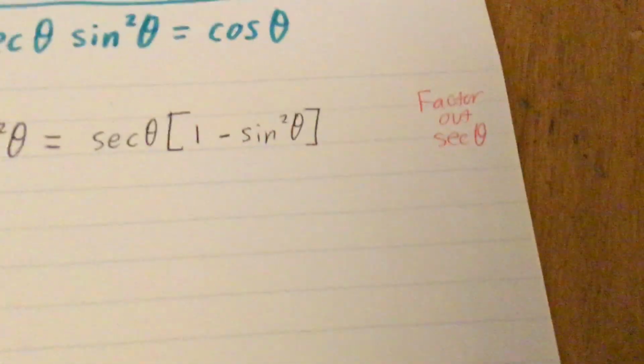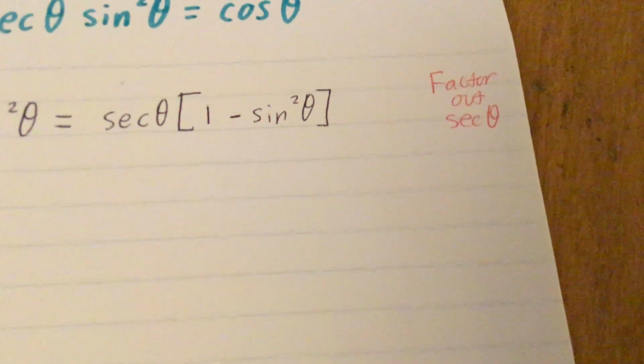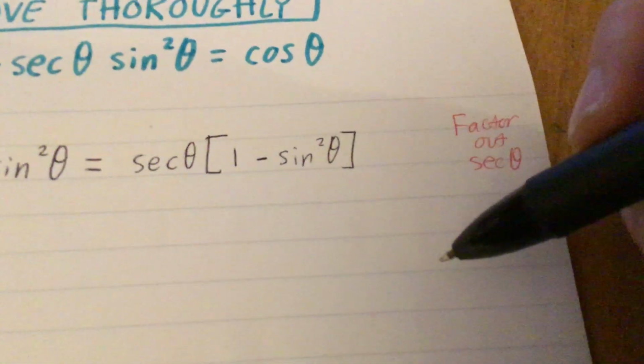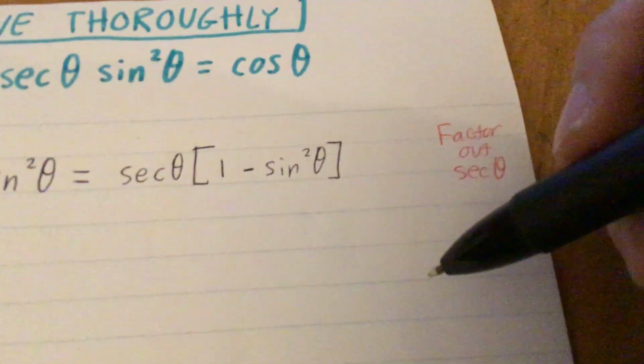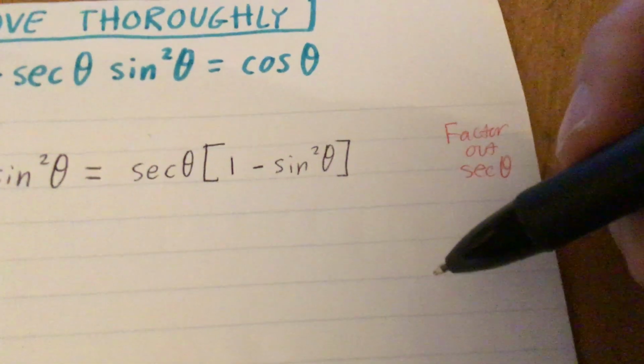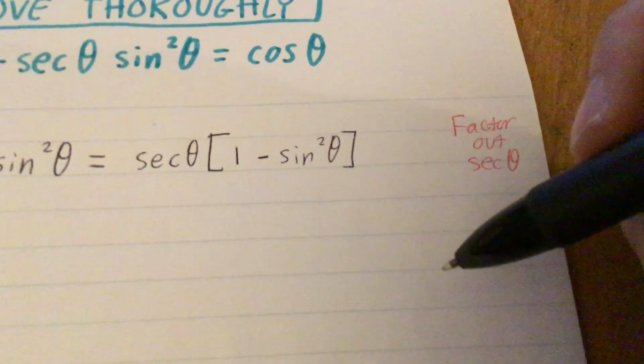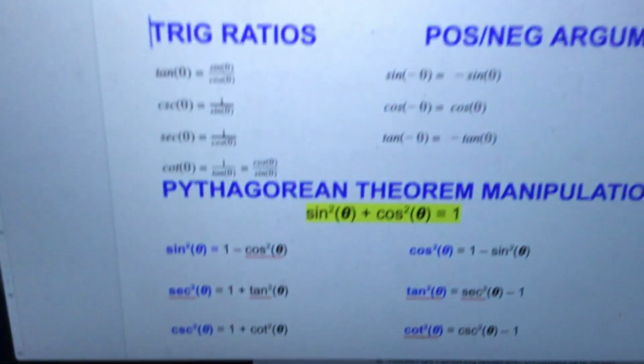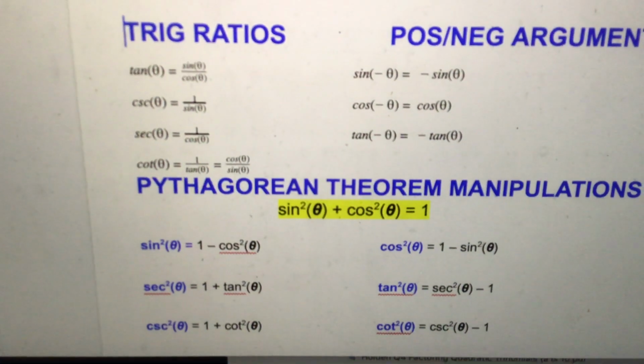So as you can see, all I did was factor out secant of theta, and I'm left with secant of theta times the quantity of 1 minus sine squared of theta. Okay, now that I've done a good first step, let's see, hey, wait a minute. I've seen 1 minus sine squared of theta before. What rule is 1 minus sine squared of theta?